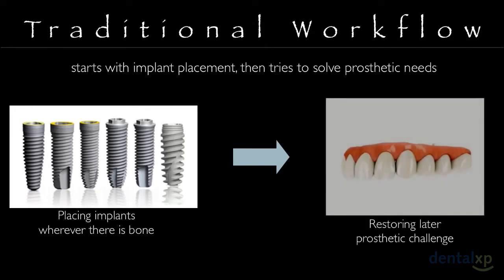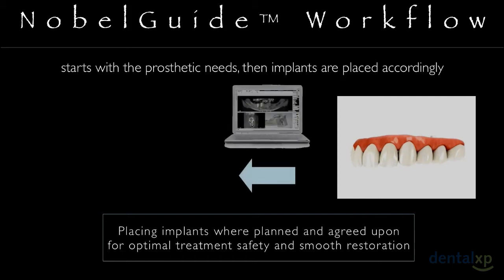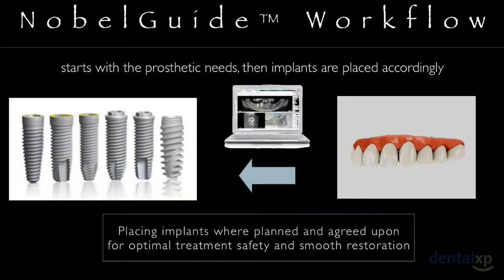But we don't understand where the restorative components come in and how we can work together as a team in the restorative and surgical components so that we can look at new workflows and understand where our restorative prosthesis needs to be.